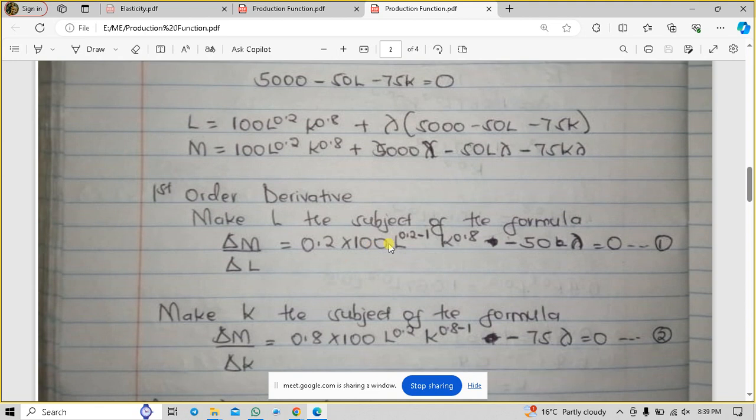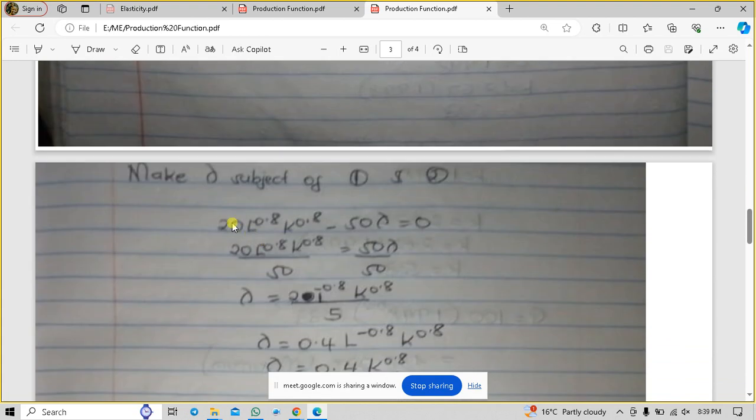So it will be 20L, then 0.2 minus 1, yes, negative 0.8. Then K is to power 0.8, then minus 50 mu. That is equation number 1. So 20L is to power negative 0.8, K is to power 0.8 minus 50 mu is equal to 0.